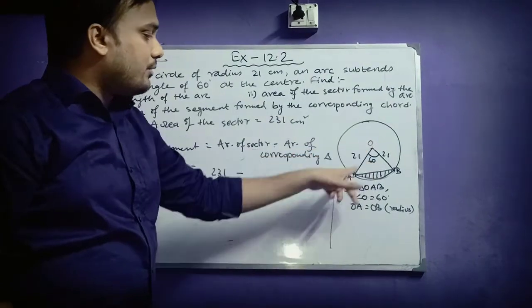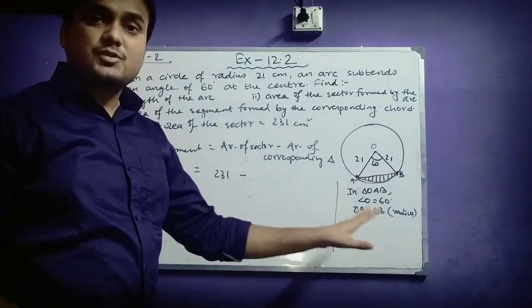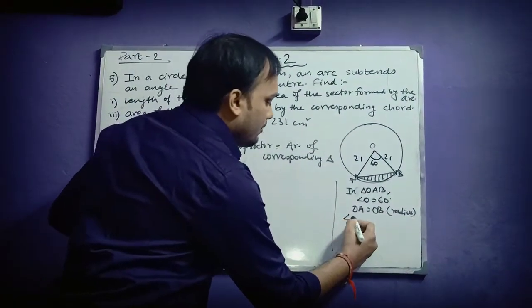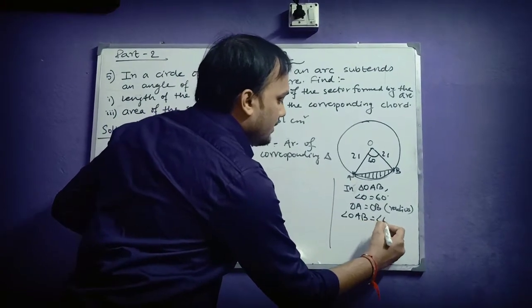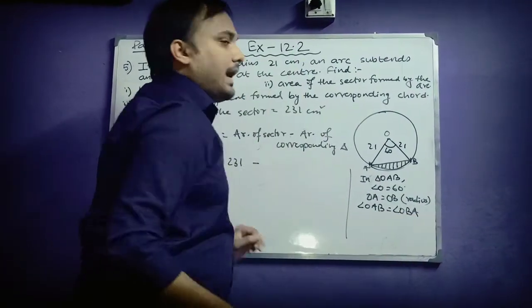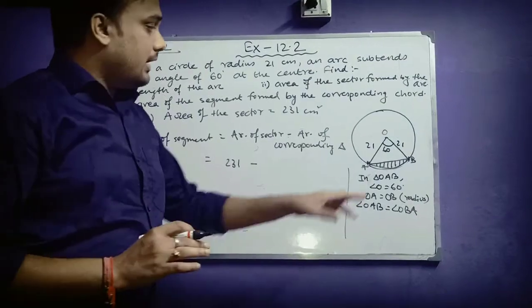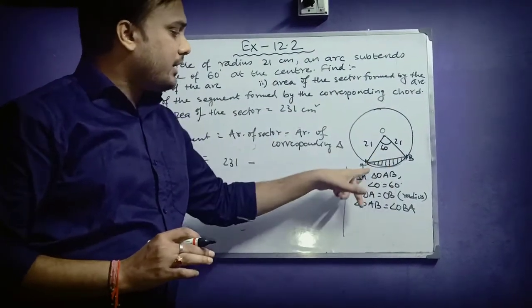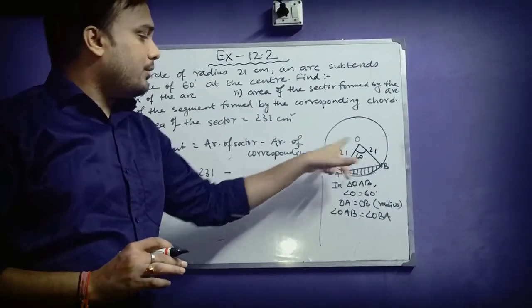You can see here that OA and OB are equal because both are radius. So angle OAB is equal to angle OBA, as the angles opposite to equal sides are equal.